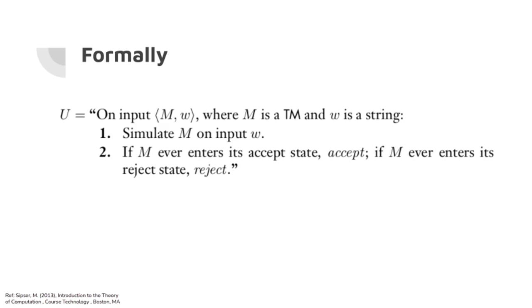If M ever enters its reject state, U will reject. So now that we've seen that we can encode Turing machines as strings and pass in their input together, U will take in this input, decode the machine M and the input w, and then compute that output.